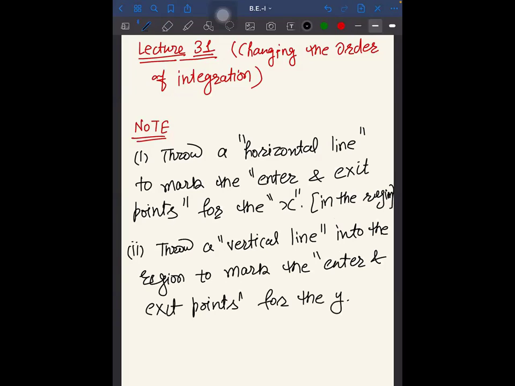So these are the two rules you will always keep in your mind. So let's see how we do it.